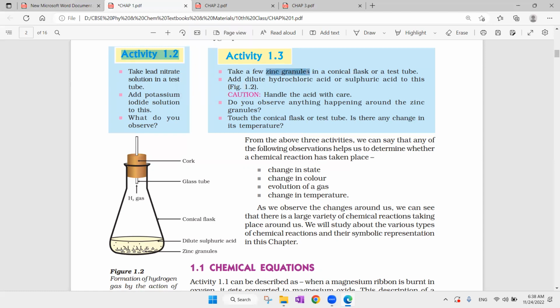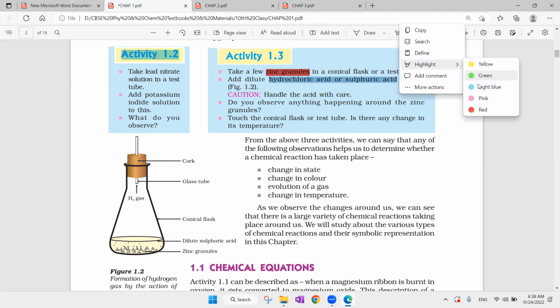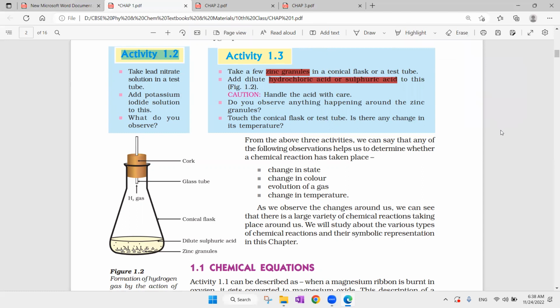So zinc granules are nothing but metal, and hydrochloric acid is nothing but acid, or sulfuric acid. Metal plus acid gives rise to salt plus hydrogen gas. So that information you are going to get from activity 1.2, 1.3.